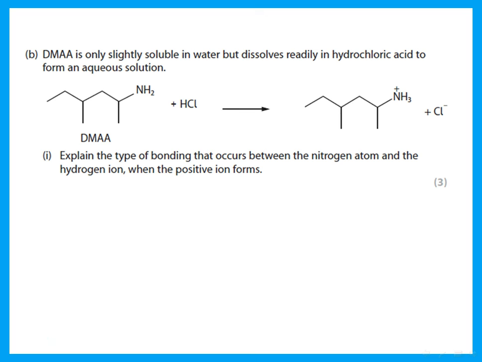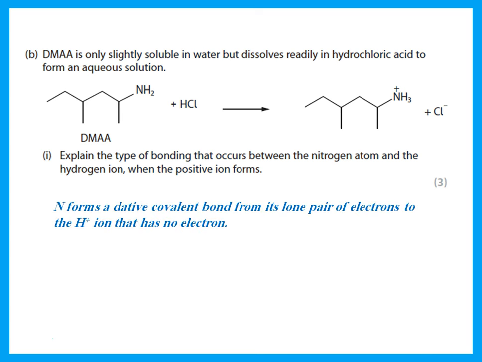DMAA is only slightly soluble in water, but it dissolves readily in hydrochloric acid to form an aqueous solution. And he's saying, explain the type of bonding that occurs between the nitrogen atom and the H+ ion when the positive ion forms. So what is happening here? We have an amine group, NH2, and it is reacting with H+.